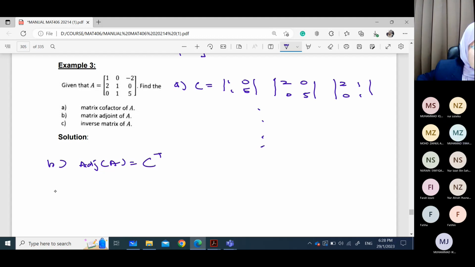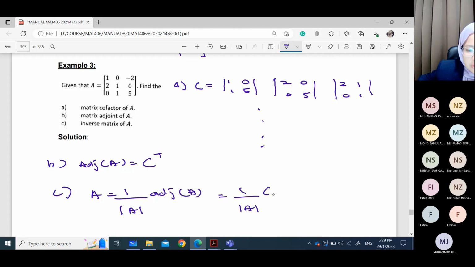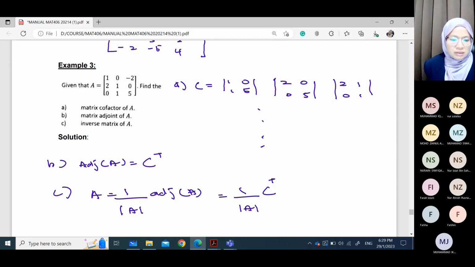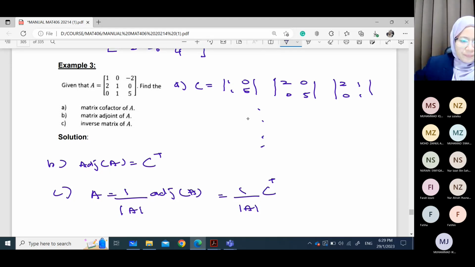And then untuk C, yang ini inverse matrix of A. So you kena gunakan formula 1 over determinant of A multiply with adjoint A, ataupun sama juga dengan 1 over determinant of A multiply with C transpose. Okay, sebab adjoint A itu adalah cofactor transpose.